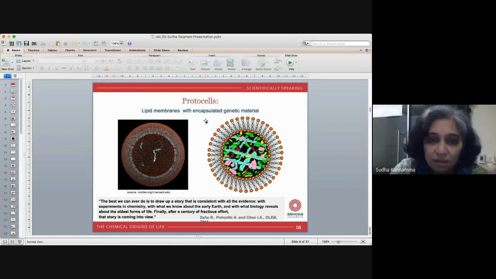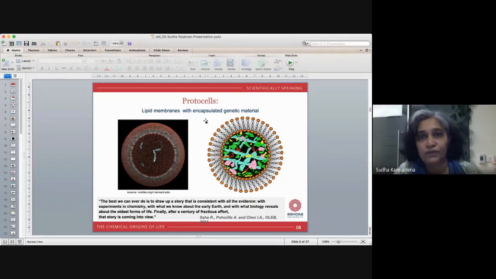With experiments in chemistry, with what we know about the geology of Earth, the settings and what allowed for our planet to have life, and with what biology has been revealing about some of the oldest forms of life. Right now the record is about 3.85 billion years ago. The cyanobacteria kind of cells were present on Earth, right?